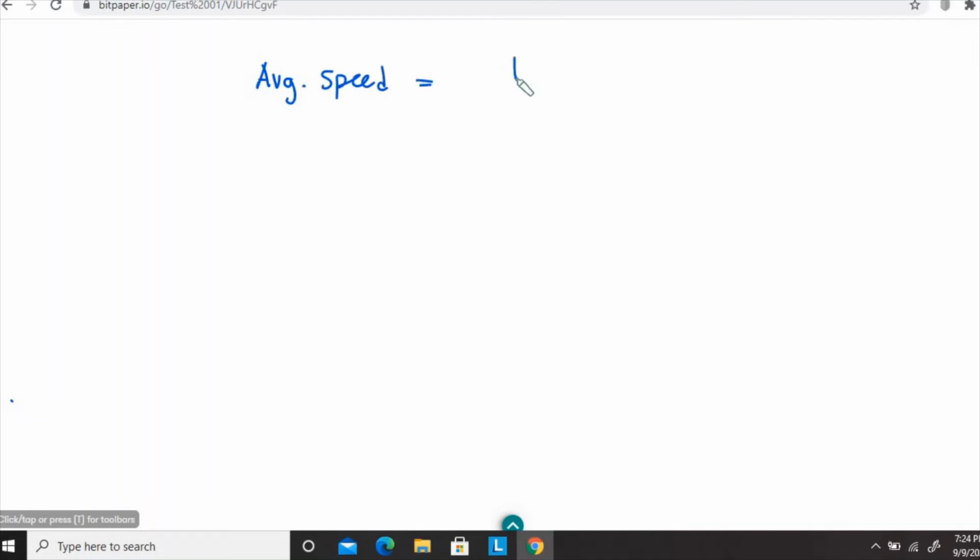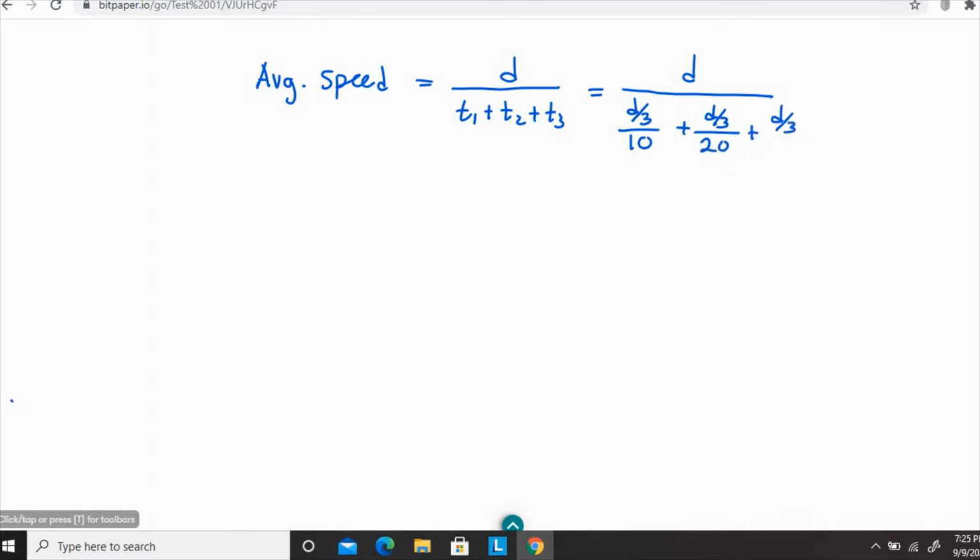That is d over the sum of the times, T1 plus T2 plus T3, and from the previous derivation I can substitute for T1, T2, T3. So d over T1 is d over 3 divided by 10, then d over 3 divided by 20, and then d over 3 divided by 60.